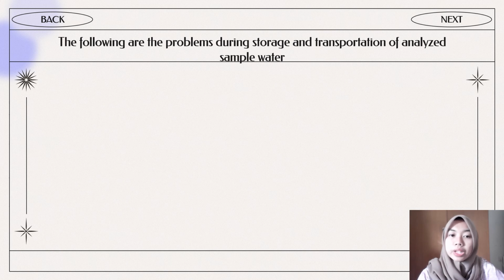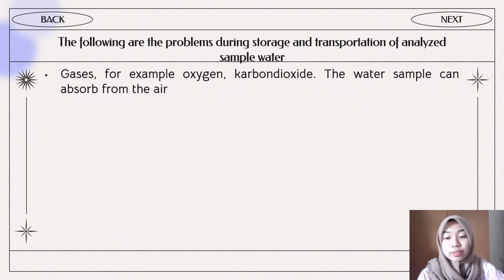So the following are the problems during storage and transportation of water samples to be analyzed. The first is gases, for example oxygen and carbon dioxide. The water sample can absorb oxygen or carbon dioxide from the air.